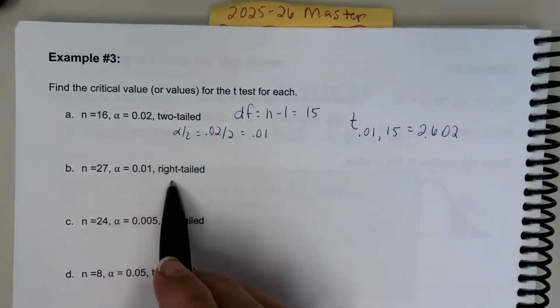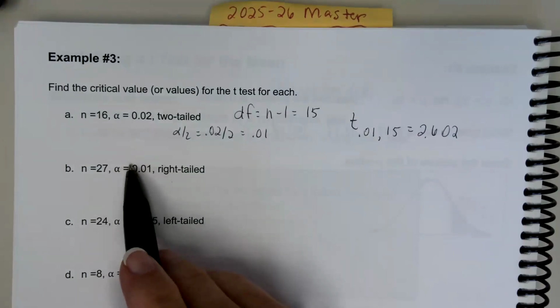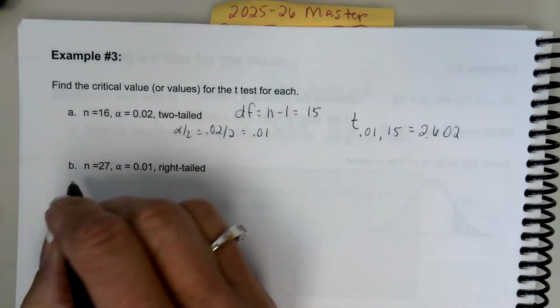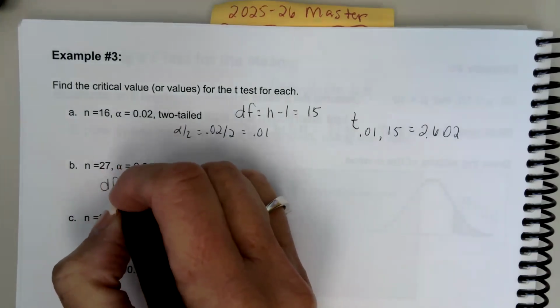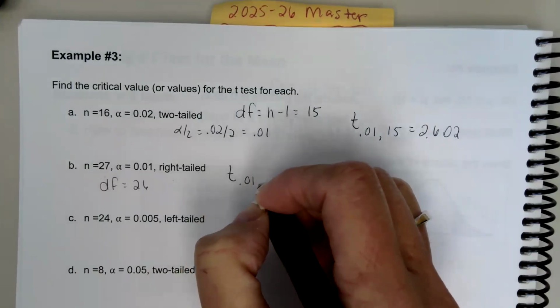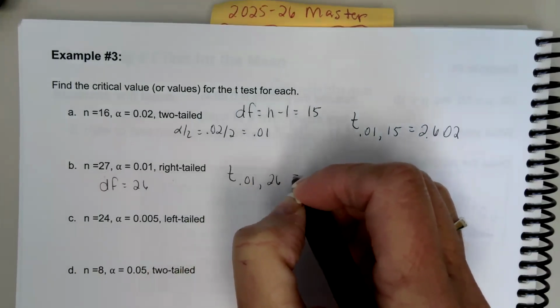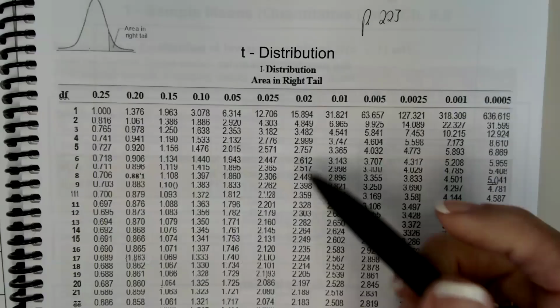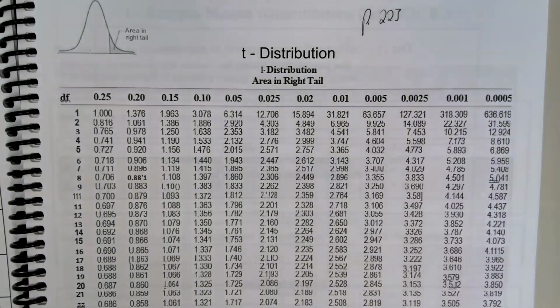Next up is right-tailed. So all of the area, the alpha, is in the right tail, and sample size is 27, so degrees of freedom is 26. So we're looking at 0.01 and 26. So still at 0.01 as before, and then we're going down to 26.